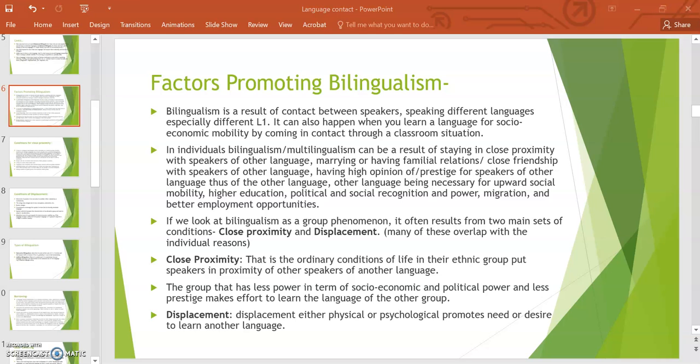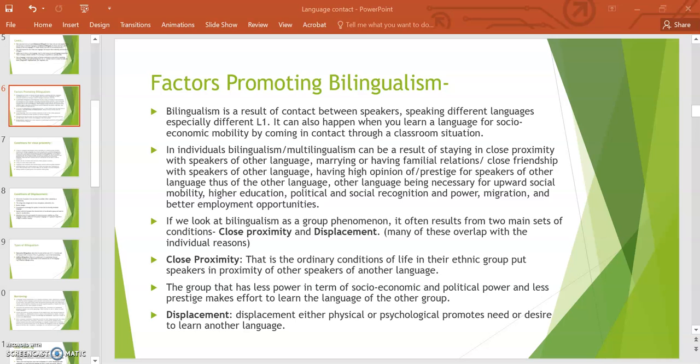Now, if we look at bilingualism as a group phenomenon, it often results from two main sets of conditions: close proximity and displacement. Many of these overlap with the individual reasons. So, what is close proximity? What are the ordinary conditions of life in their ethnic group that put speakers in proximity of other speakers of another language?